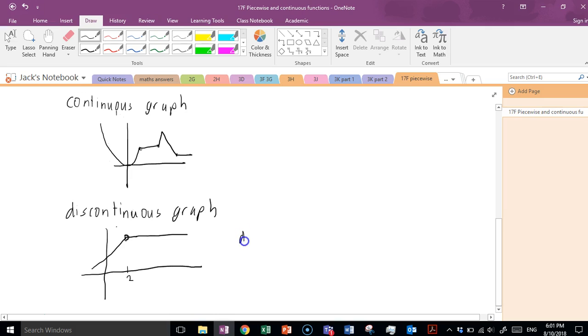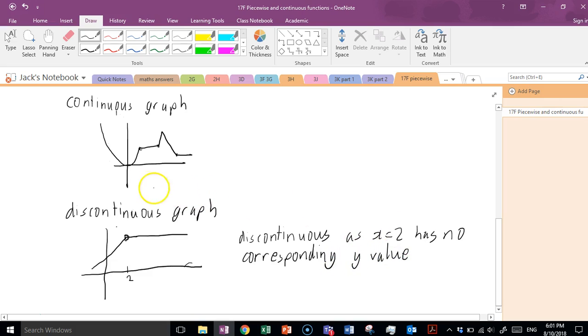So it's discontinuous, as x equals 2 has no corresponding y value.